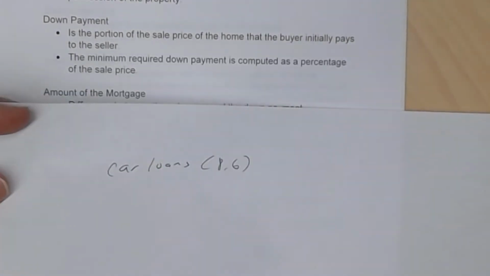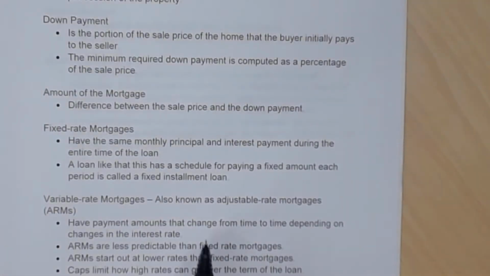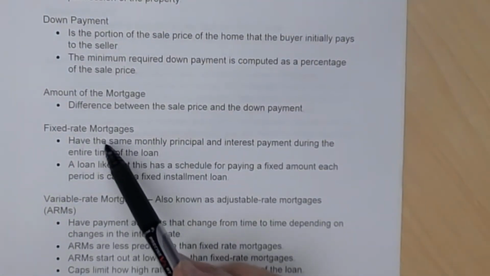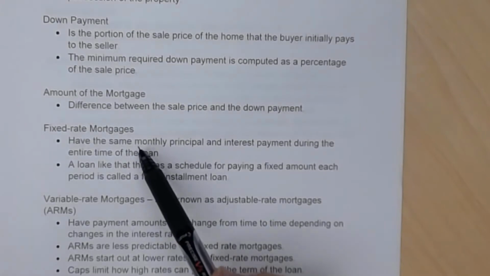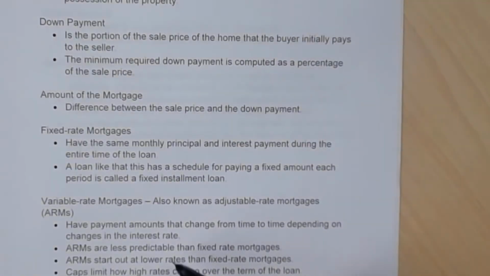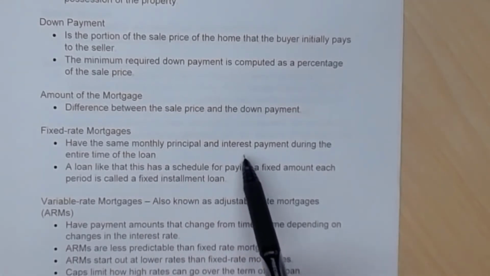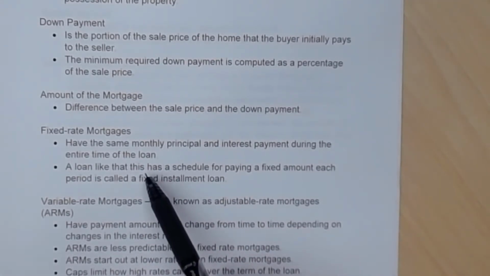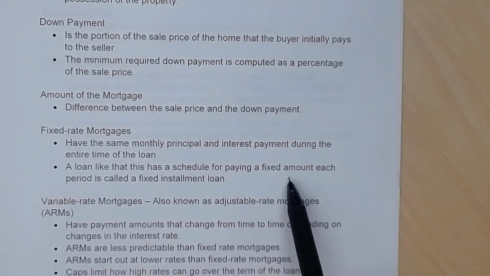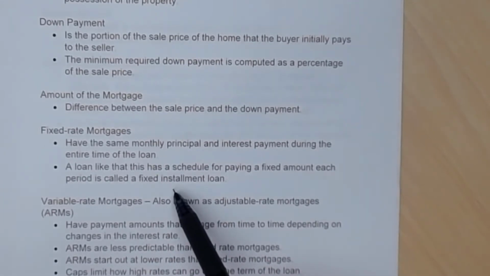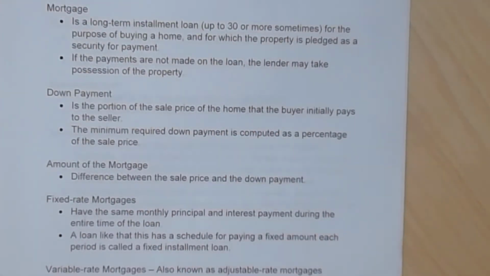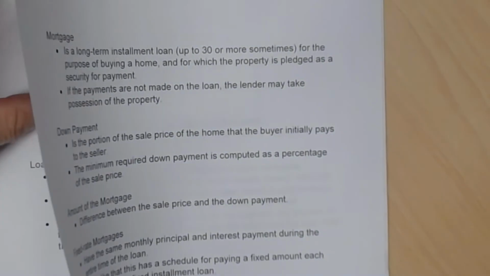It's a fixed rate loan, the same monthly principal and interest rate during the entire time of the loan. A loan that has a schedule for paying a fixed amount each period is called a fixed installment loan. That's all I need to talk about for now in terms of the terminology.